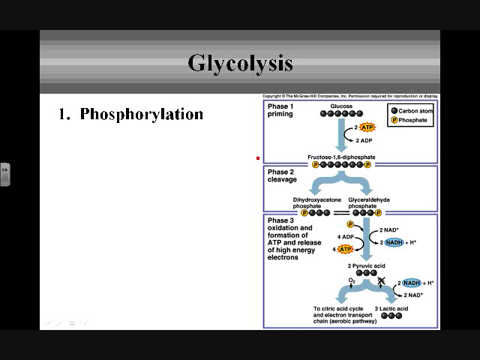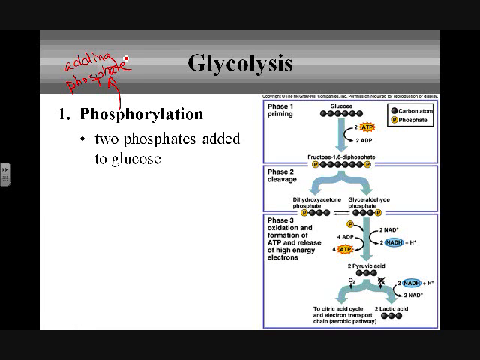So phosphorylation, really fancy word, for adding phosphate. So in phosphorylation, we have two phosphates that are added to the glucose. So as we see here, we have our glucose molecule.